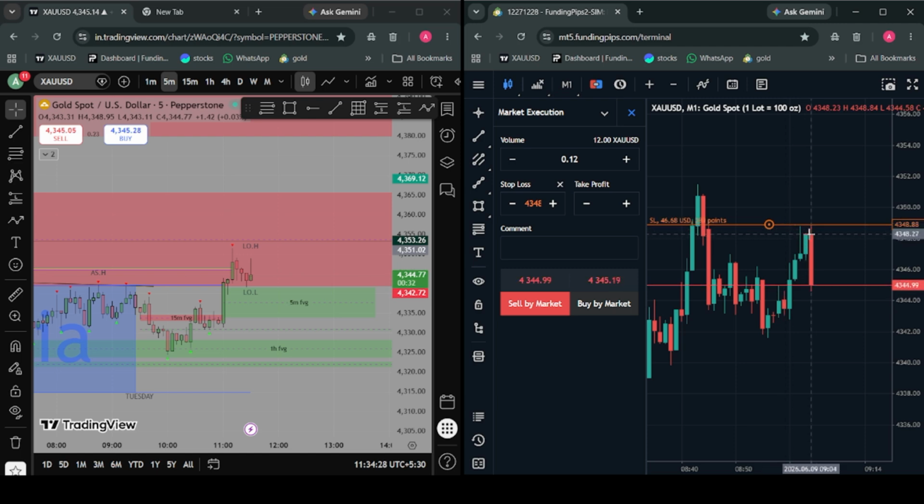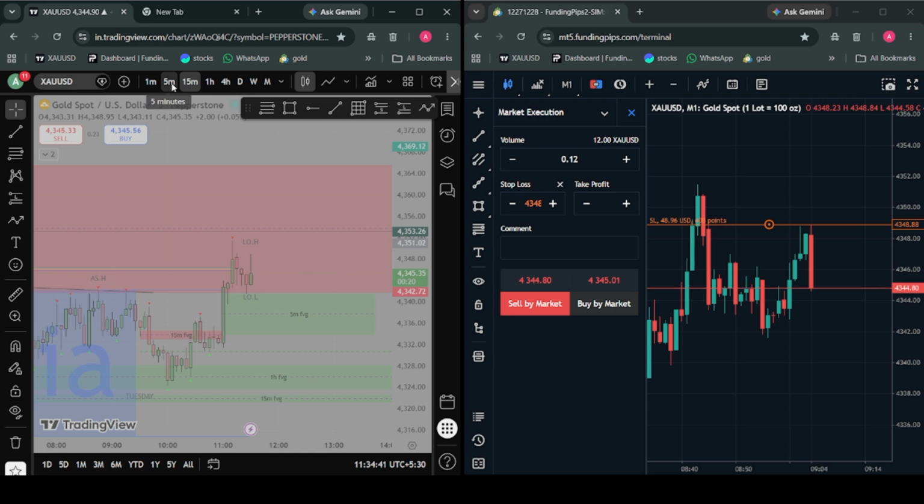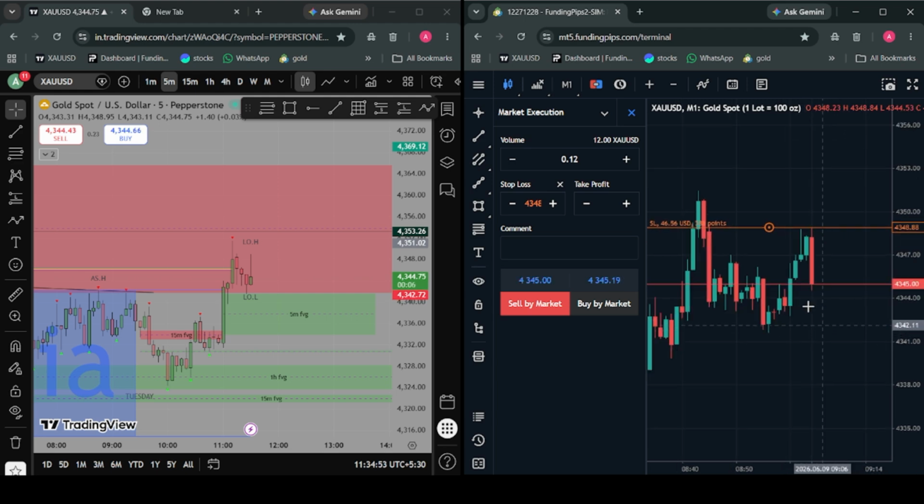But here the inverse has also happened. I don't know, man. I think this is a good short entry. There's a liquidity sweep. Yeah, I'll be taking this short entry right here.